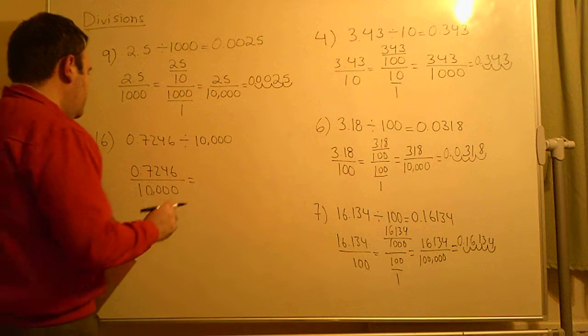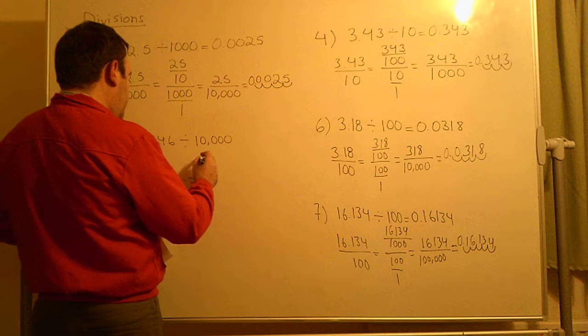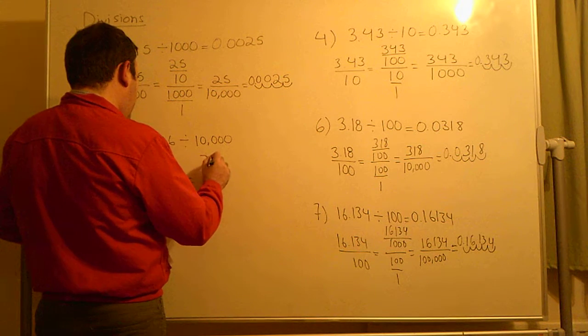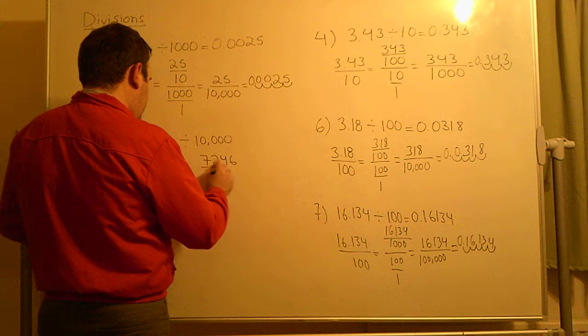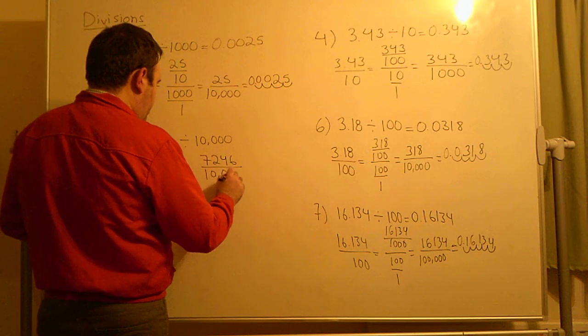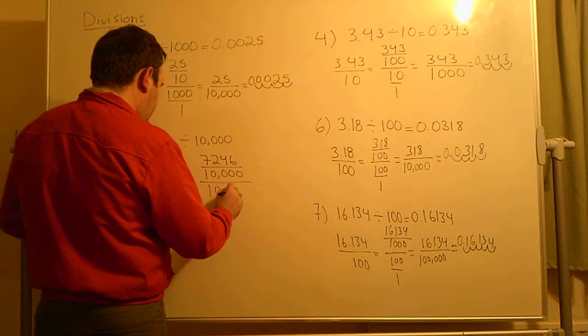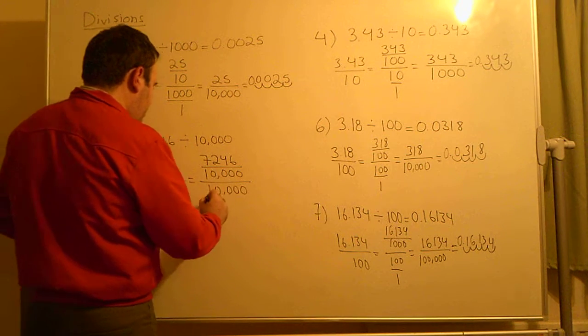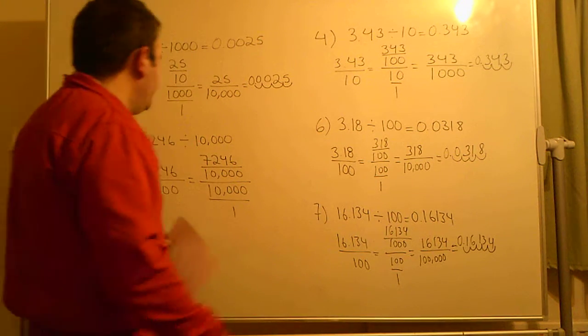And now we write down the decimal as a fraction, as a decimal fraction, which would be 7,246 divided by 10,000, and then this divided by 10,000 divided by 1. Okay.